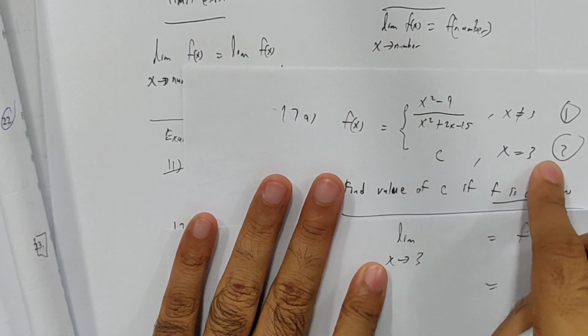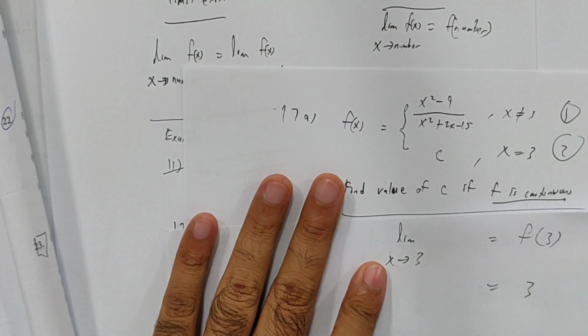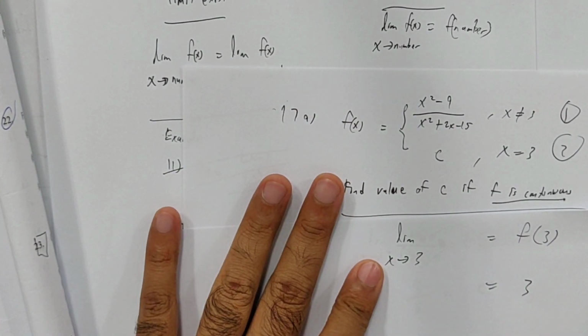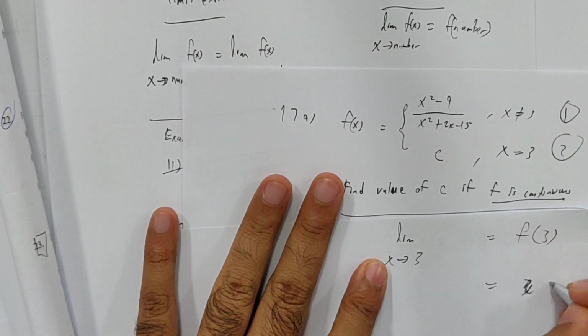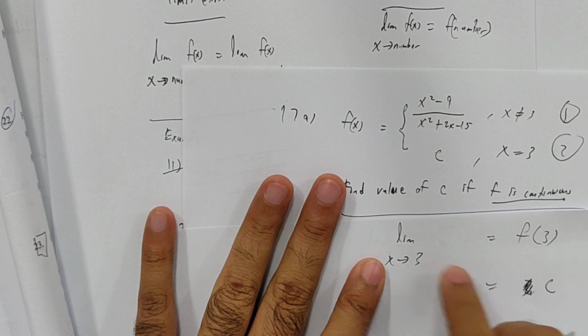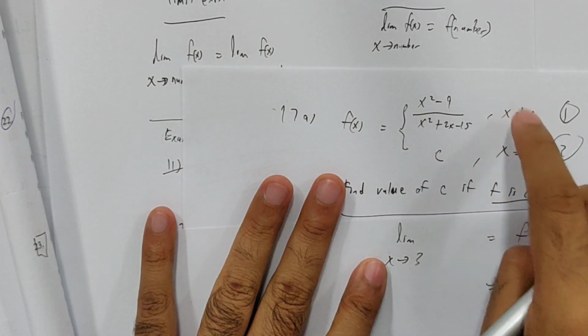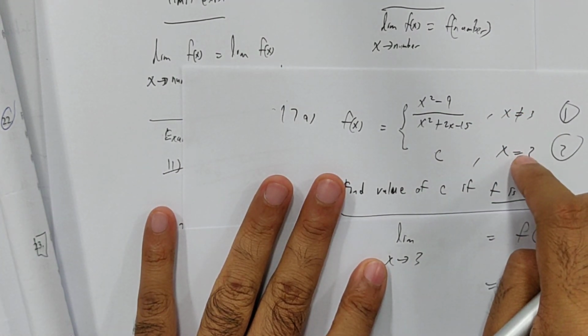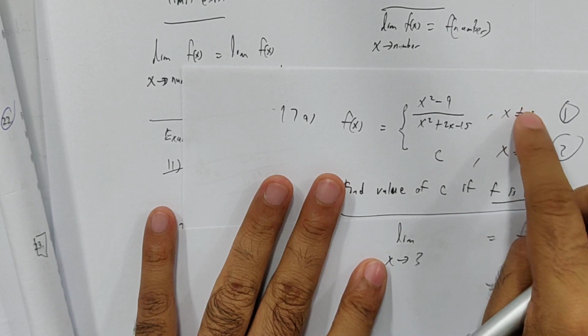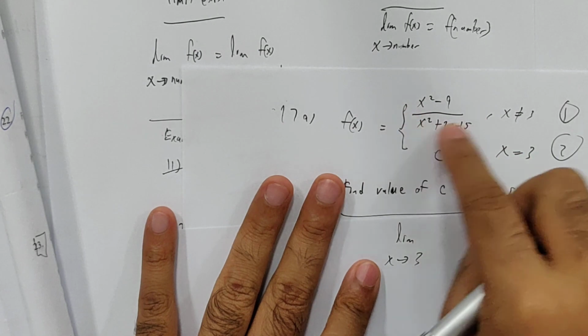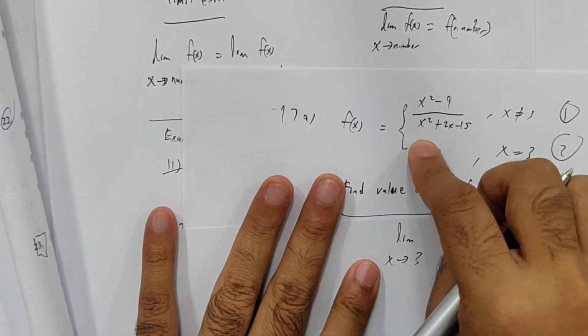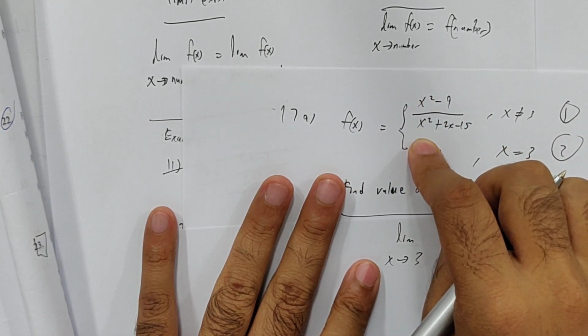Second, because it's equal to 3. So it's c. Until here, you okay? Okay, so now x approaching, which equation should I take? First or second? Why first? Approaching is not equal. So I'm taking this equation.